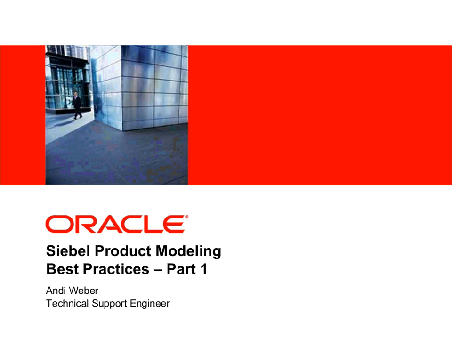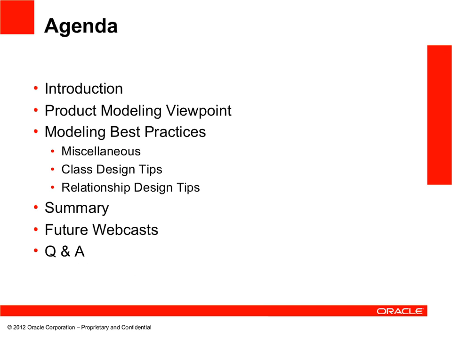So you see that's part one. This session will not cover all the topics. Therefore, we will also have a second part, maybe a third part if necessary, which will cover the rest of the topics. That's the agenda for today. First of all, a short introduction. Then I will talk about why we need to talk about product modeling at all. And then the rest will be about the modeling best practices.